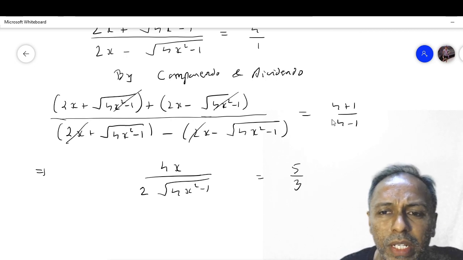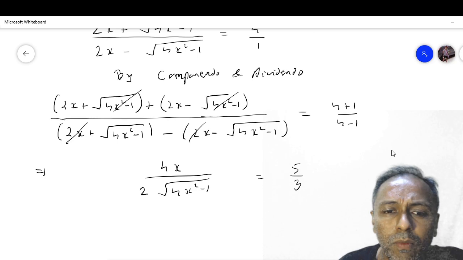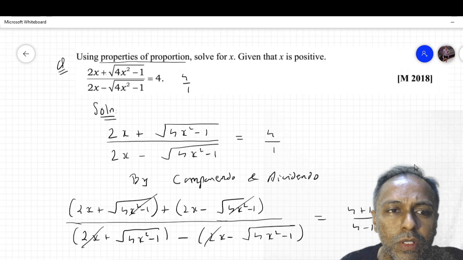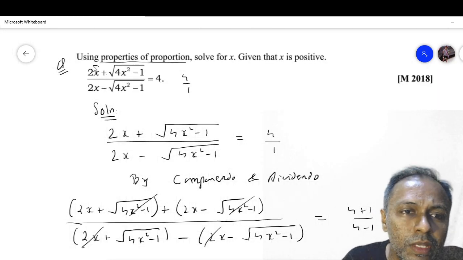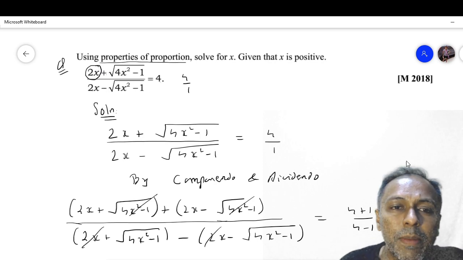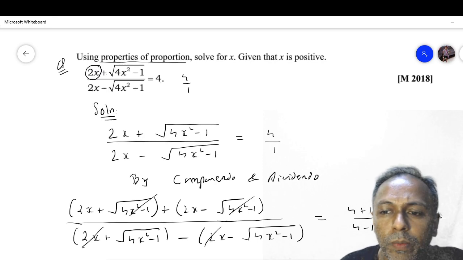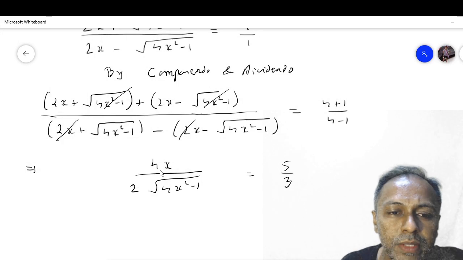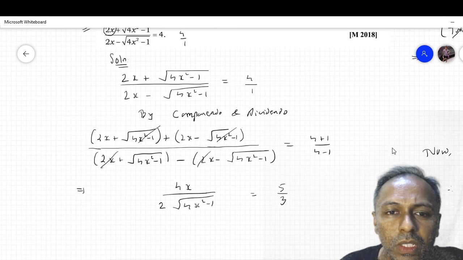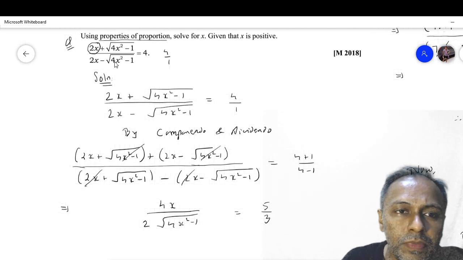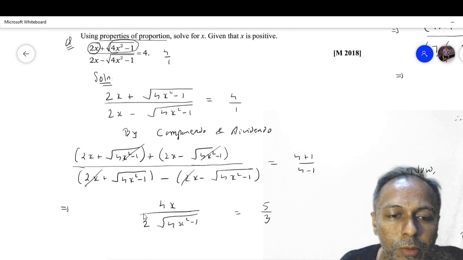Now some students are observing here that whatever was the first term here, a double is happening after componendo dividendo. See, it's becoming 4x. And whatever was our second term, a double is happening in the denominator.